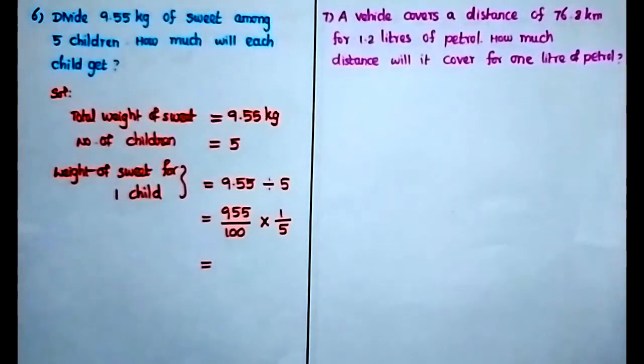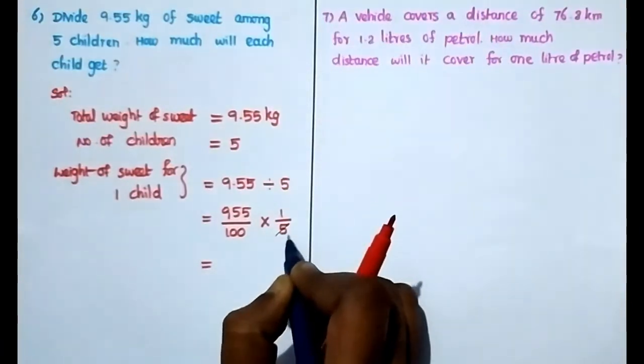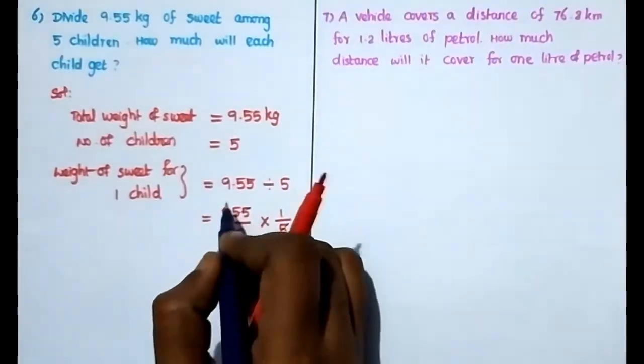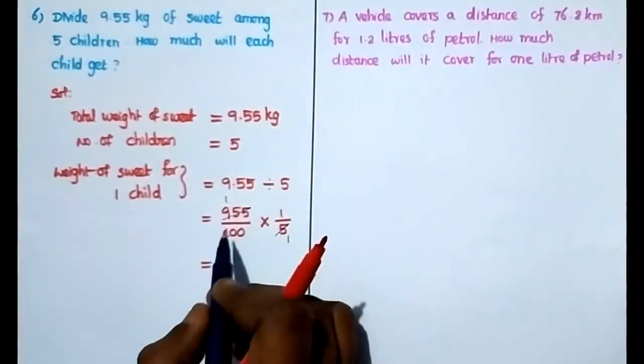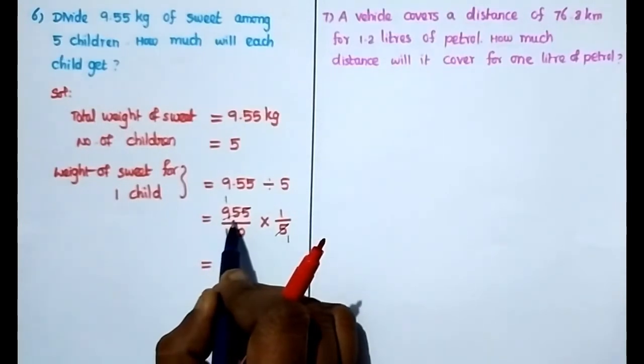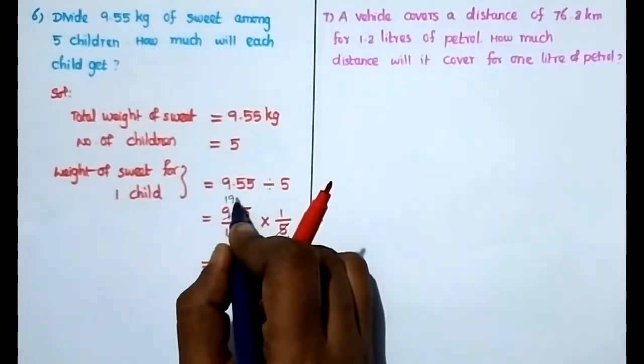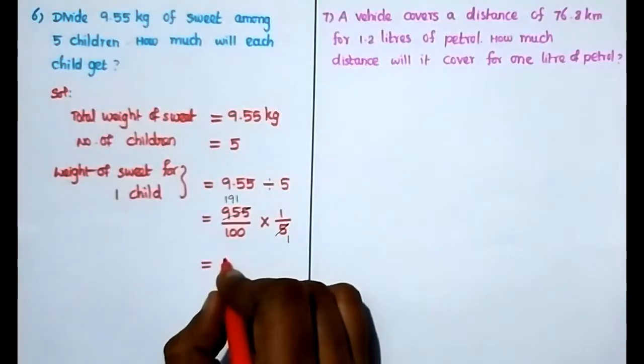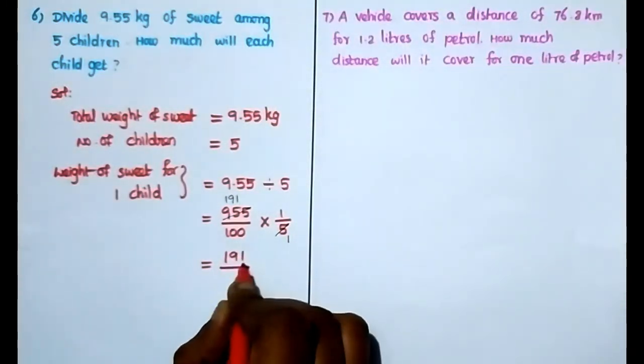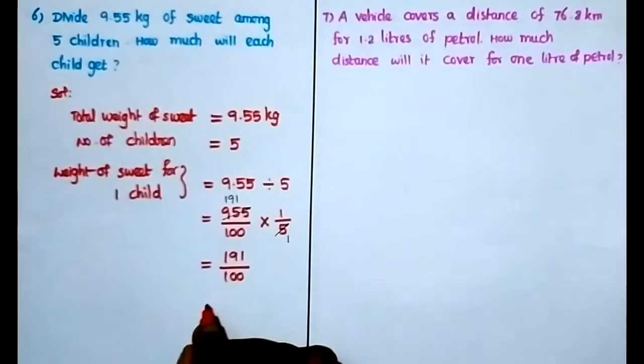Now cancel these numbers. 5 1s are 5. Here 5 1s are 5. Balance 4. It becomes 45. 9 times. Here 1 5. So 191 divided by 100.